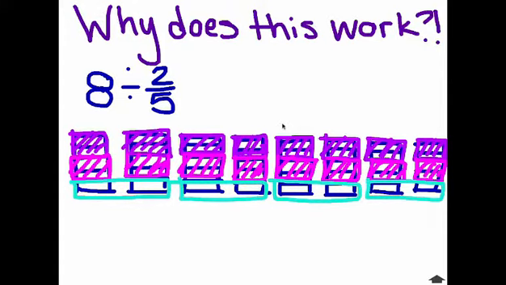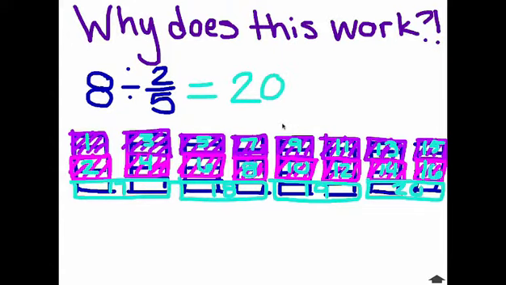Let's count. 1, 2, 3, 4, 5, 6, 7, 8, 9, 10, 11, 12, 13, 14, 15, 16, 17, 18, 19, 20. So 8 divided by 2/5 equals 20.